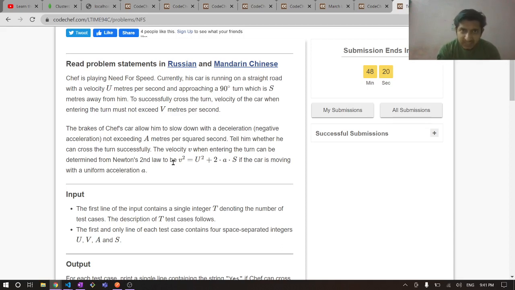The brakes in the car of Chef have deceleration of a, and the distance from where Chef is noticing all this and the point where he has to take the turn is s. So we are given initial velocity, final velocity, and the distance at which we have to reduce our velocity to v. We have to tell if Chef can do this or not.